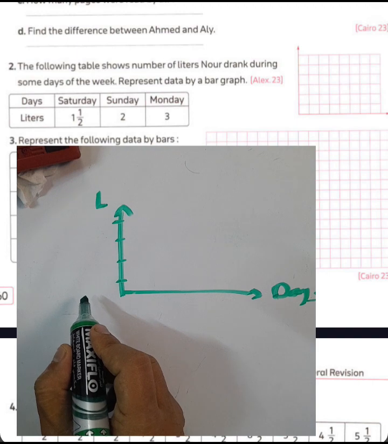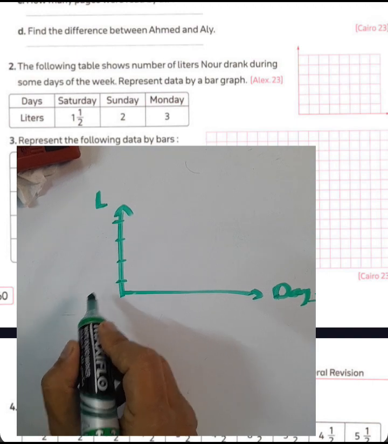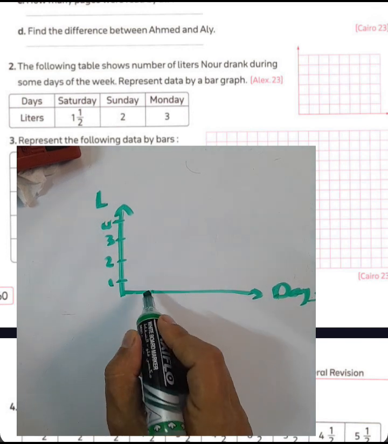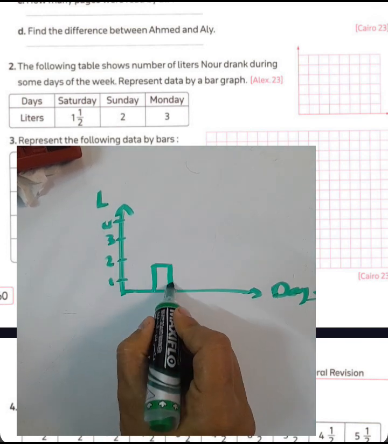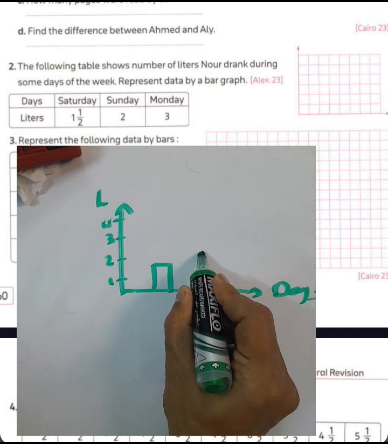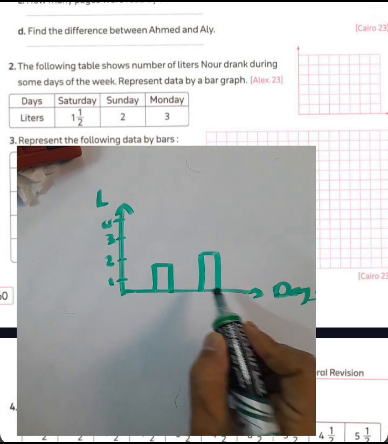First 1, we have fractions 1, 2, 3, and 4. The first 1.5 here, and second was 2, and third 2.3.